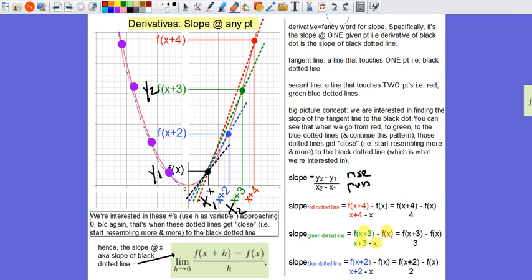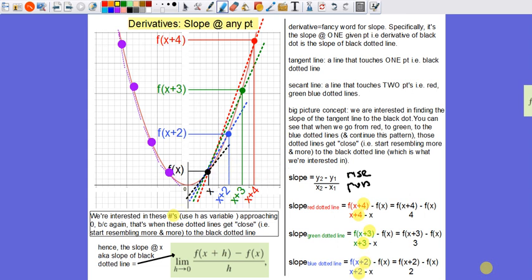All right, folks. Here is the thesis, or the theme, of this whole slide. We are interested in these numbers right here approaching 0.